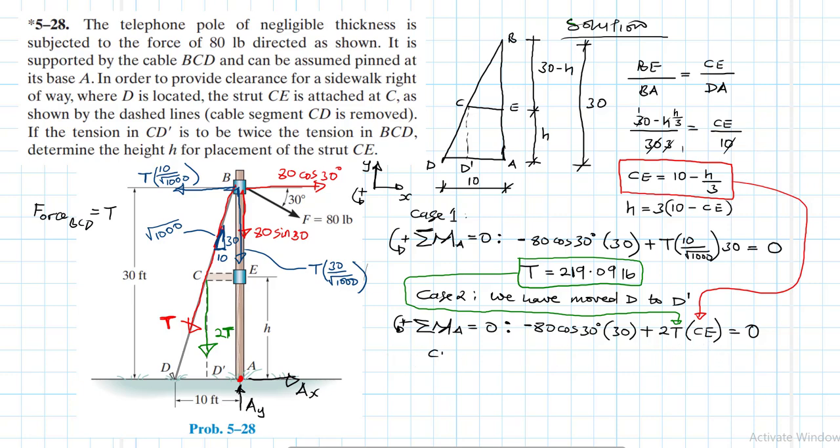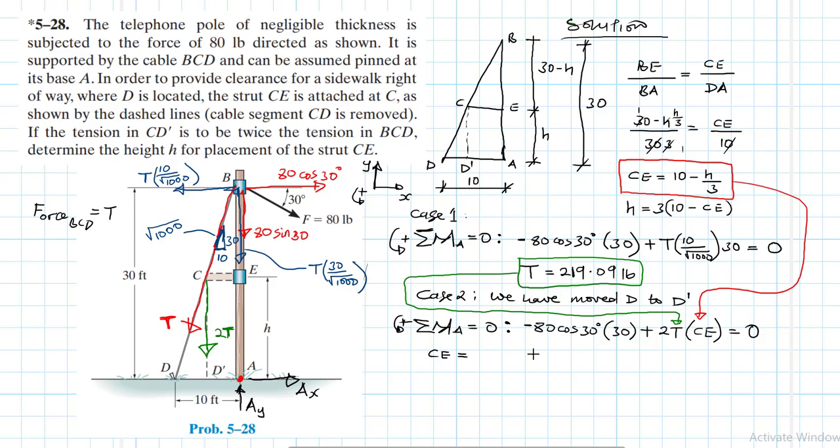So making CE subject of the formula, CE is going to be equal to 2 by 2T, that's 219.09 by 2. It gives us 438.178.